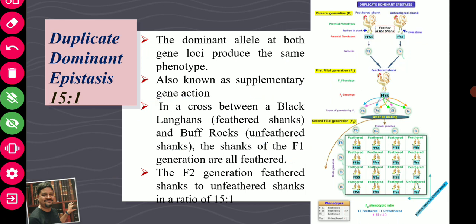And in the F2 generation, you can see the ratio is 15:1. That suggests that when there is all recessive, that means recessive at both the loci, then it will have a different phenotype, that is unfeathered phenotype. Otherwise, in the rest of the cases, a dominant allele present at either or both loci will have a similar phenotype, that is feathered phenotype. So this will result in a phenotypic ratio of 15:1.